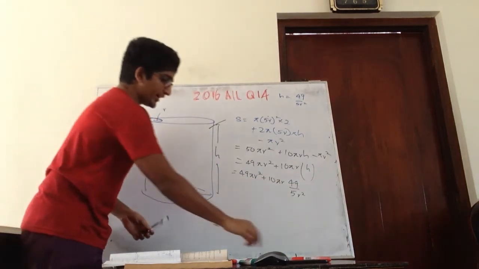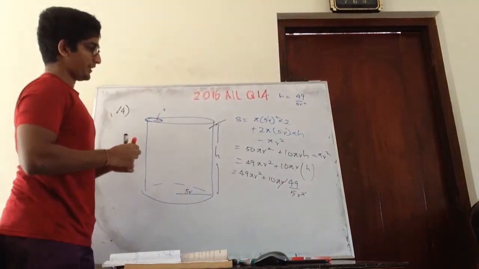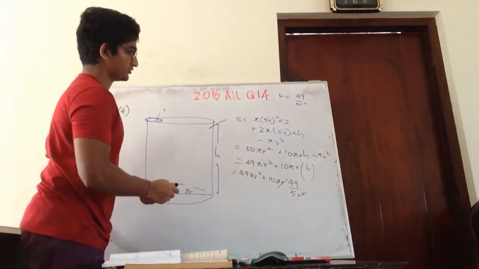So what I can do is I can cut one of these r out. Then I'm going to take 49 π out, because that is common.